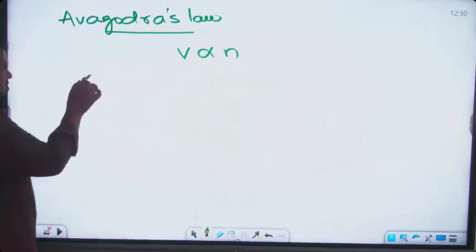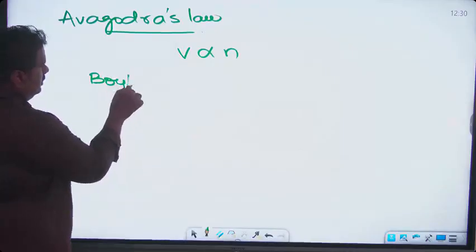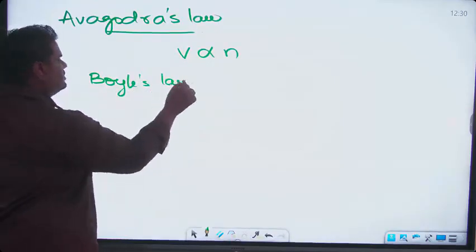So what does Boyle's law say? Simple equation.